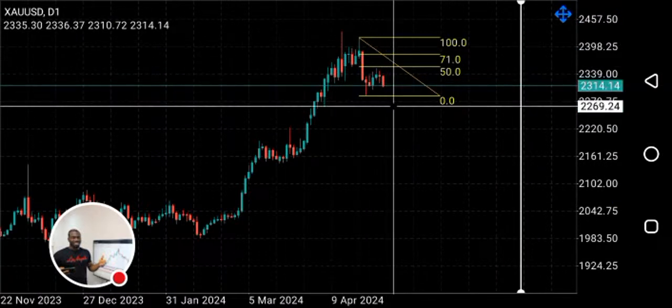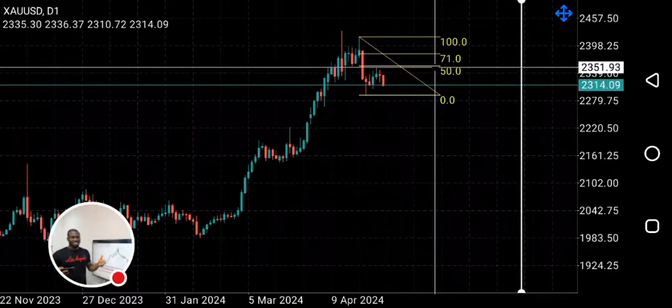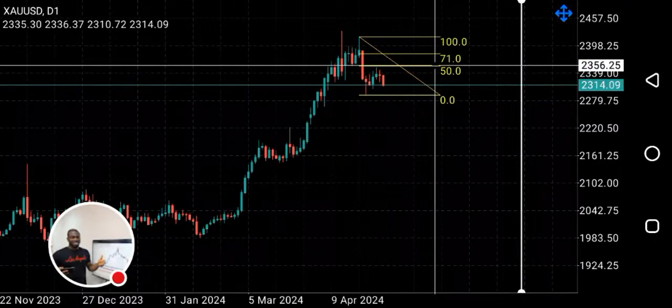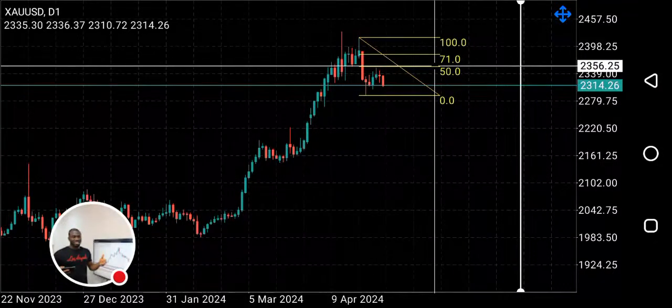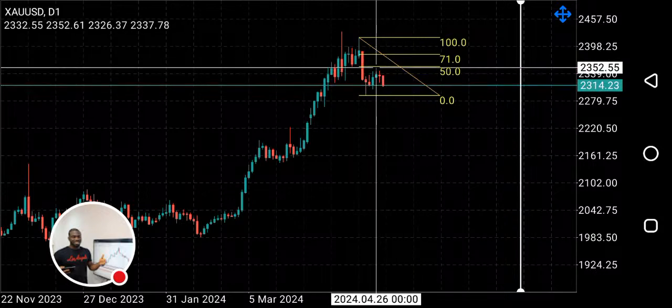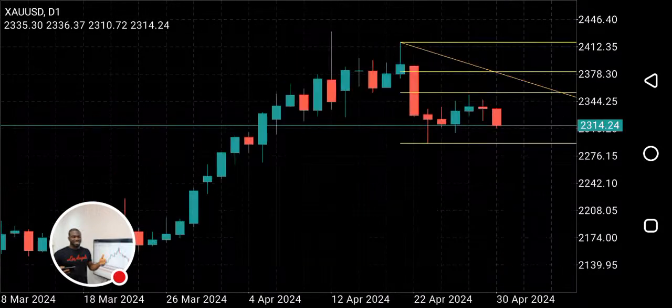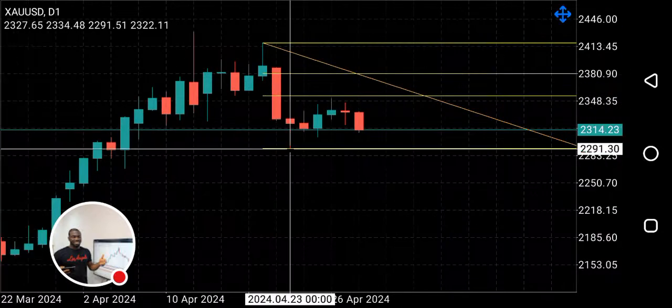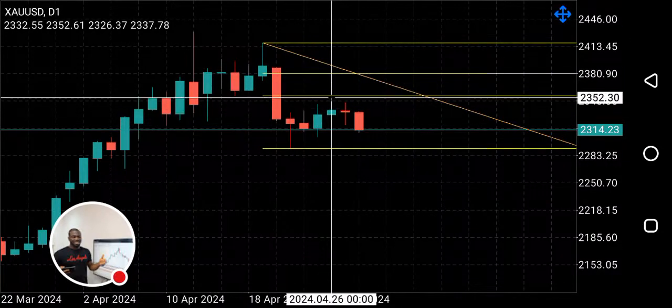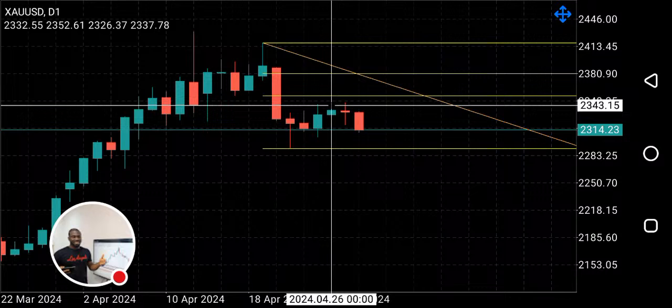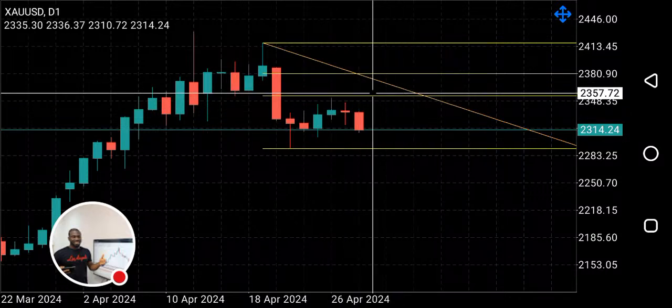You can see what played out here. Price tested level 50, and after price tested level 50, what happened? You can see the candlestick pattern that formed at that level. Can you see it? It was a bearish reversal pattern. You can see the candlestick that formed after price tested this level 50, which is equilibrium.